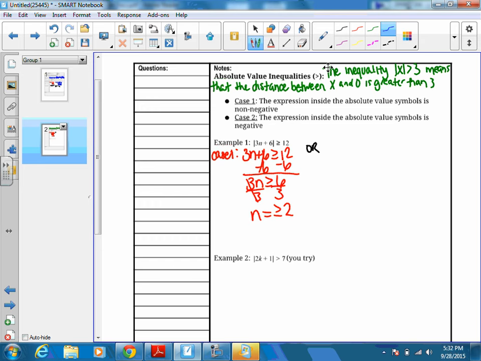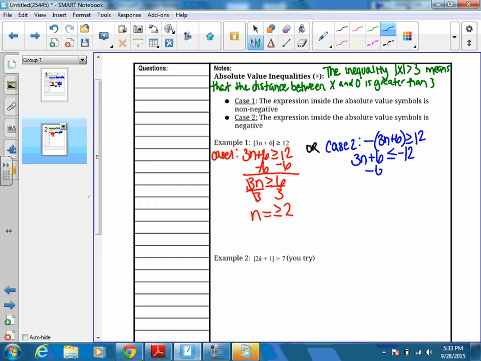Or, if I talk about case 2, remember this means what's inside is negative. So let's put our negative sign, and on the inside I have 3n plus 6 is greater than or equal to 12. I want to get rid of that negative sign, so let's divide by -1. I will be left with 3n plus 6 is less than or equal to -12. Remember to switch my sign.